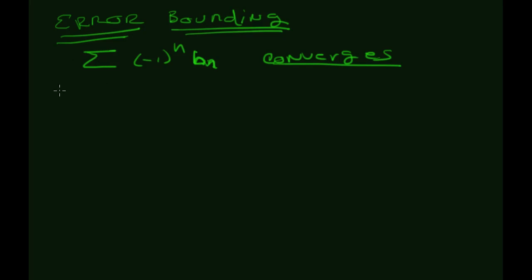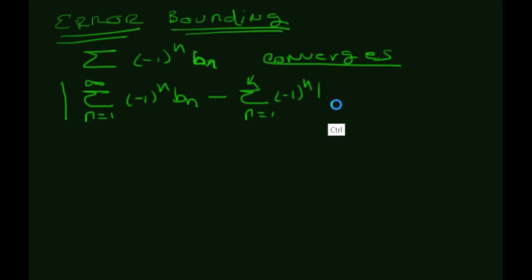So what I want to be able to say is, what is the difference between the sum from n equals 1 to infinity of this alternating series and its partial sum up to k? It's the same series, but in one instance we take it to infinity, which is the thing we can't calculate, and in the other we take it to some finite number k.